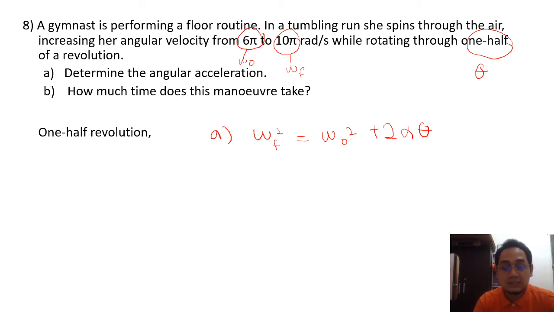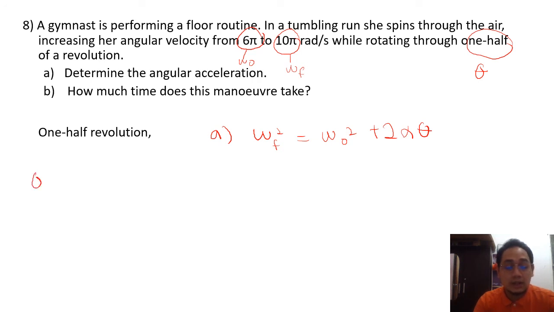So just substitute the information given, but before that, you should notice that the value of theta is not in SI unit. So before you substitute the value of theta, you need to change the unit of theta into SI unit first. So how should we do it?